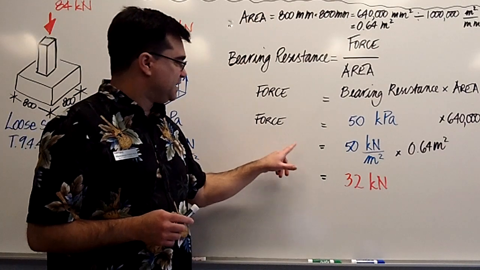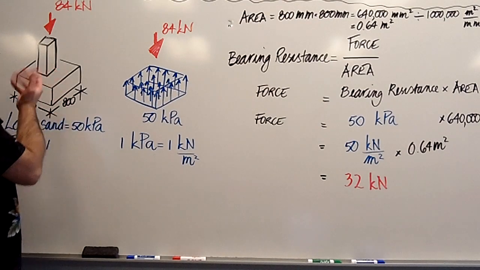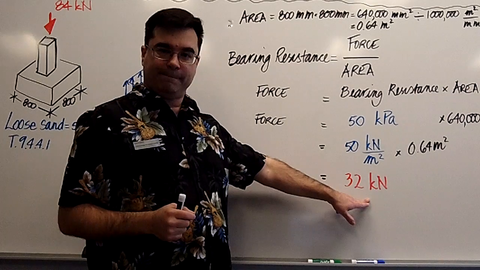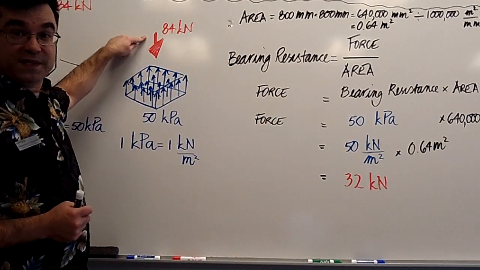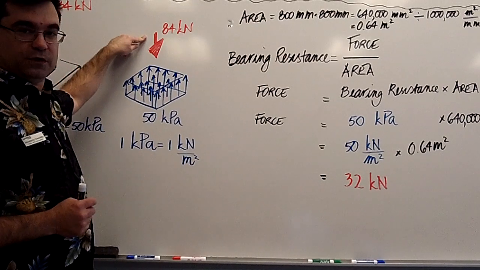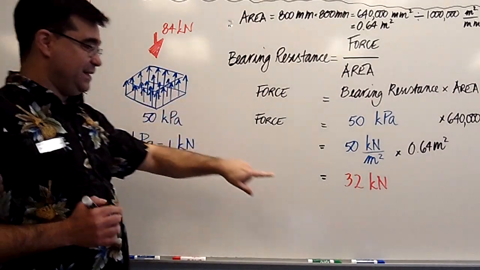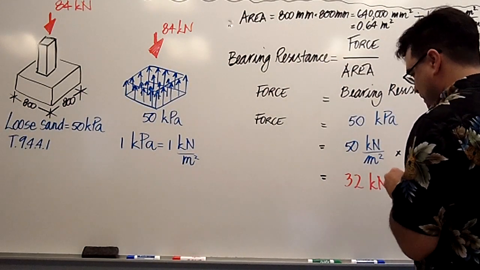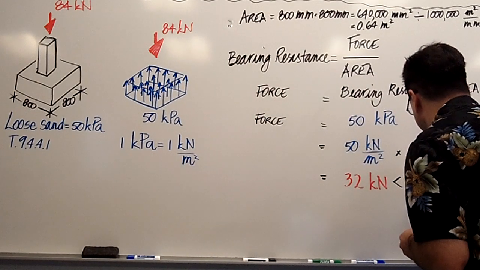So what I get is that the force here under the footing is 32 kilonewtons. Is that enough to resist the applied force coming down from the building of 84 kilonewtons? That's no good, right? This here is less than 84 kilonewtons.